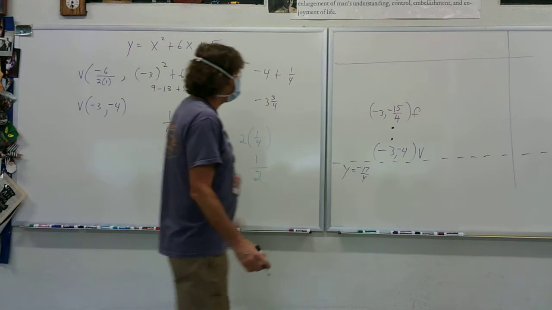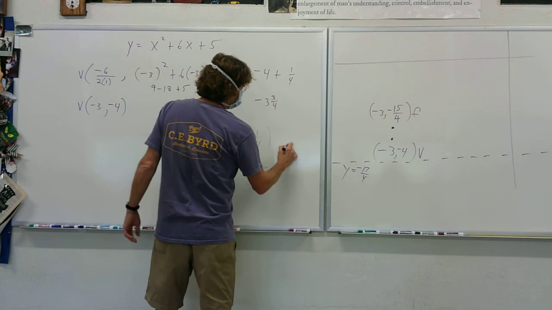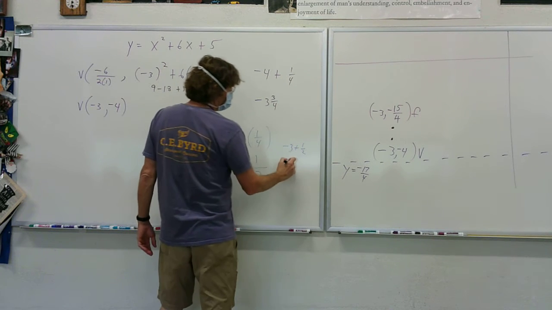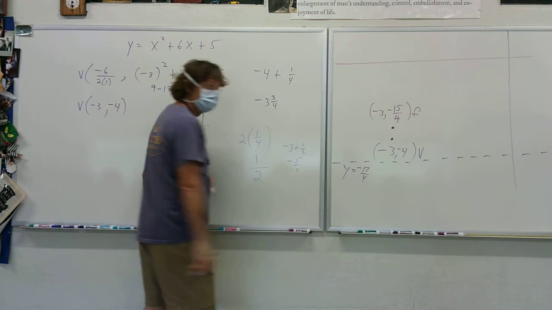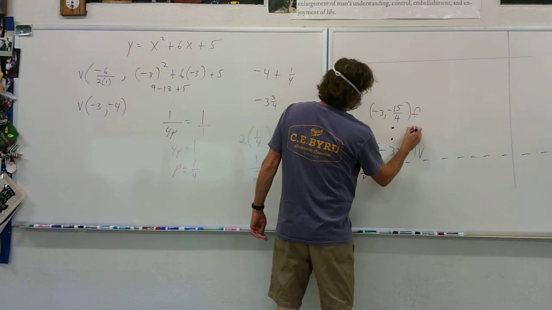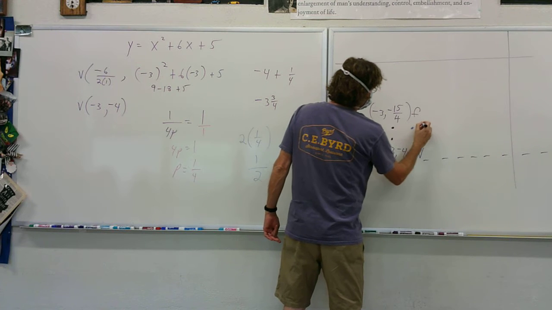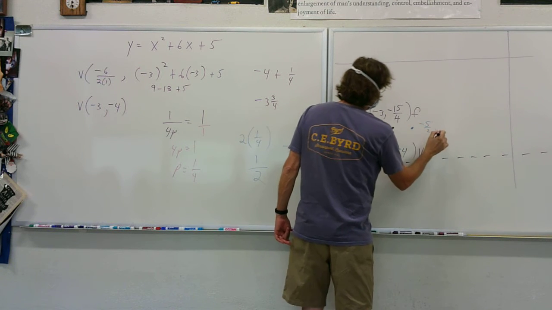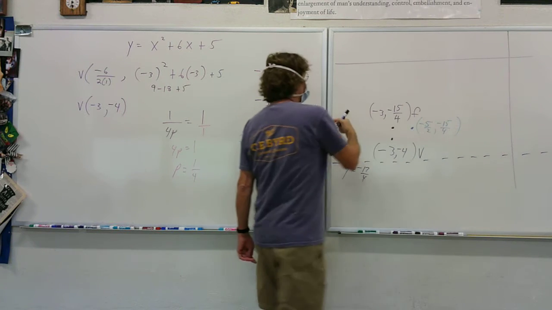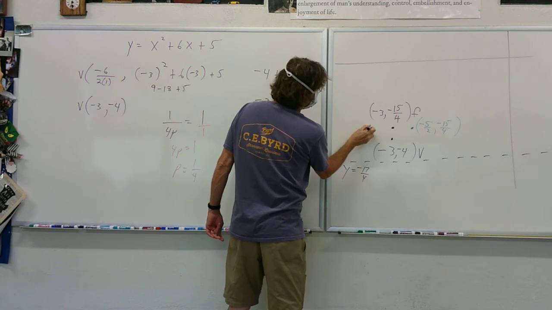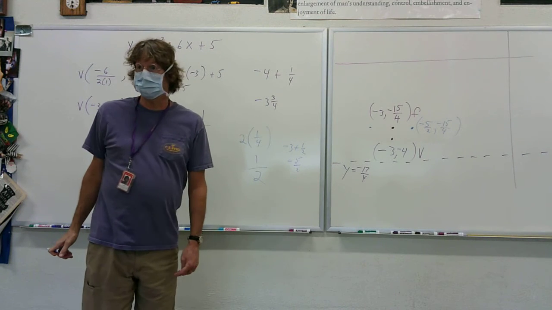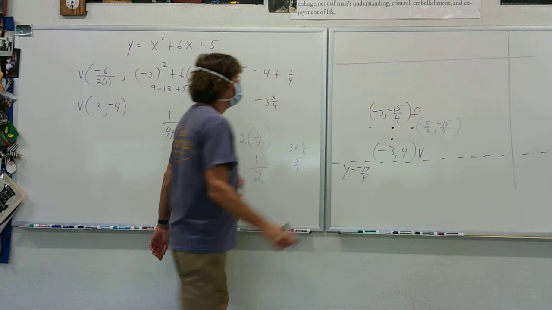So it's going to be negative 3 plus 1/2, which is negative 2.5 or negative 5/2. So you go this way 1/2. Negative 5/2, comma, negative 15/4. And then you're going to go back this way 1/2, which will be negative 7/2, right? Negative 7/2.